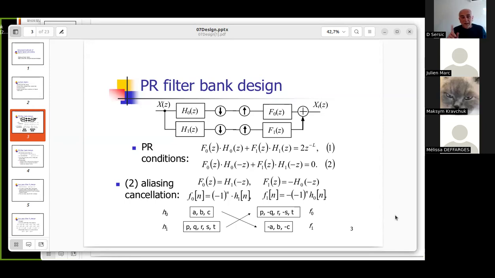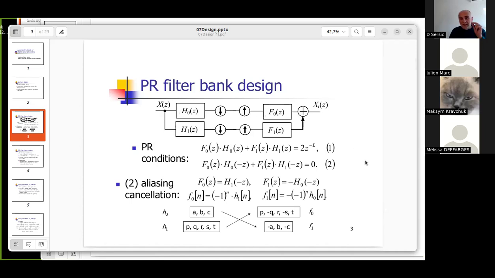In that case, on the right-hand side, there would be no 2 but 1. It is a pretty obvious condition.